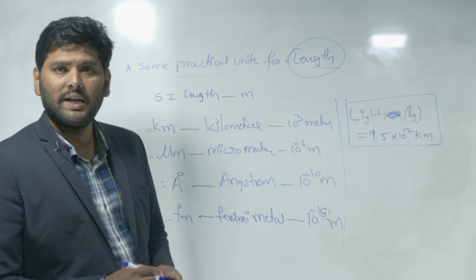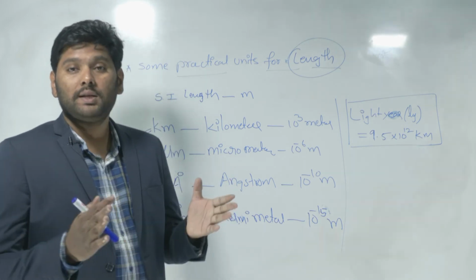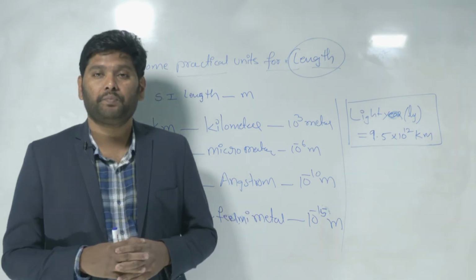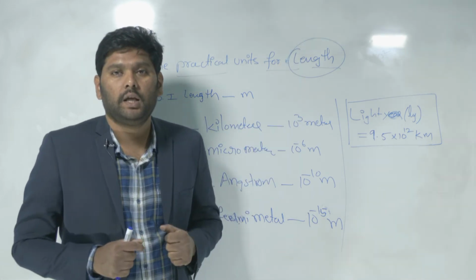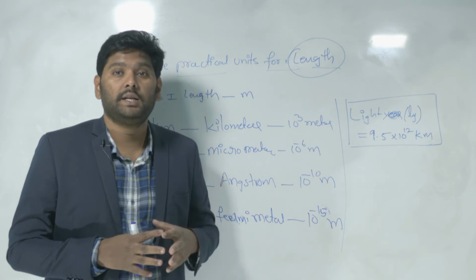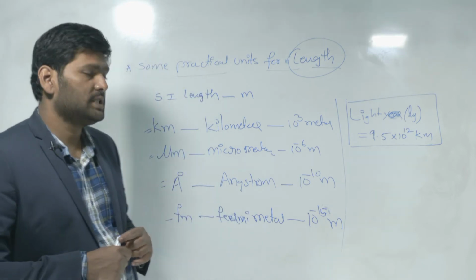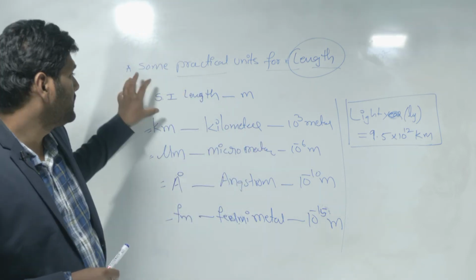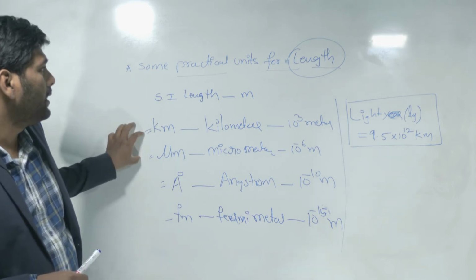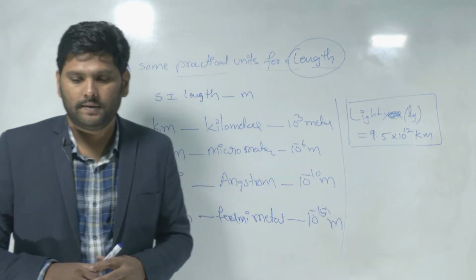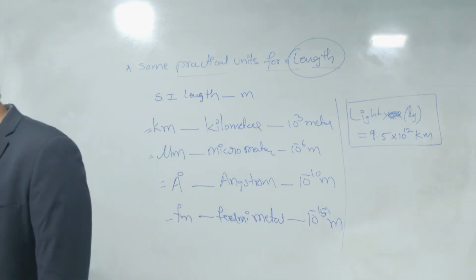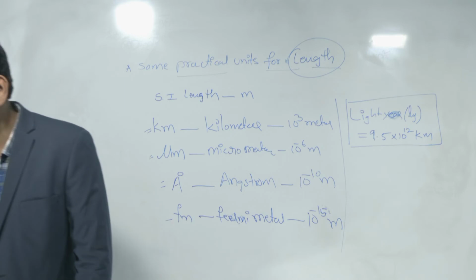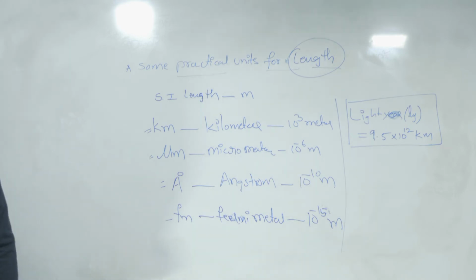Where do we use light years then? To measure the distance between planet to planet, star to star, galaxy to another galaxy. We will use these light year values. Understand? So these are some important practical units for length. I hope you have understood this. Next, let us go for another quantity, that is mass units.